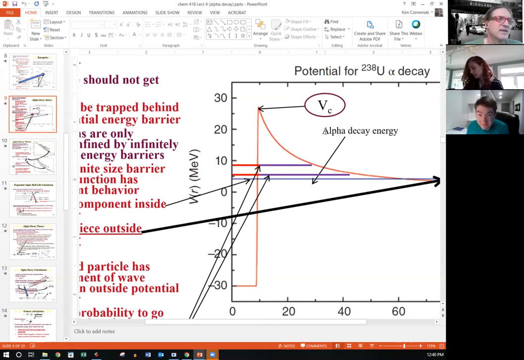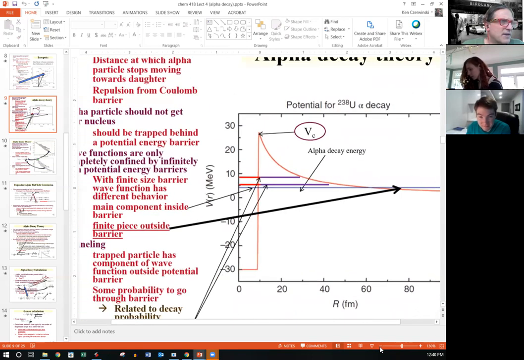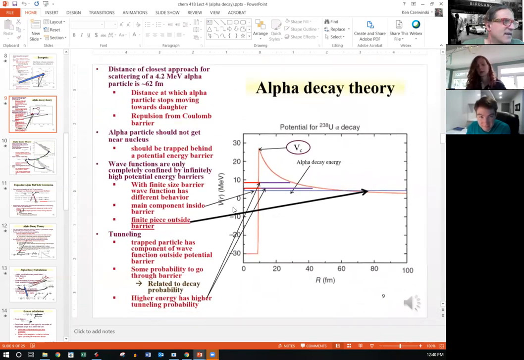But when you do nuclear reactions, you don't usually have that sort of flexibility and time to do the experiment. So you go to the higher energy, and that's what I was talking about in terms of energetics and the alpha particle. That's this line. The alpha particle should not get near the nucleus, right?